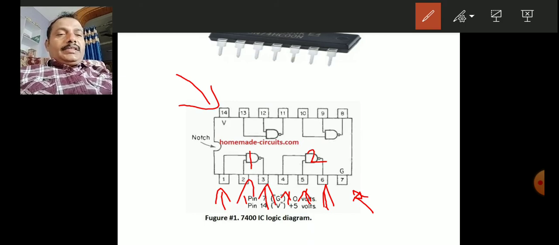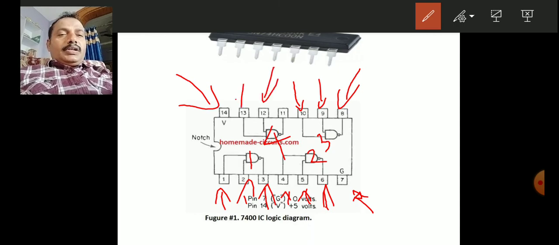So let us see the third NAND gate. 9 and 10, these 2 are inputs, and the 8th pin is the output. Similarly, for the fourth NAND gate we have 12 and 13 as the inputs, and 11th pin is the output. So these are the NAND gates.